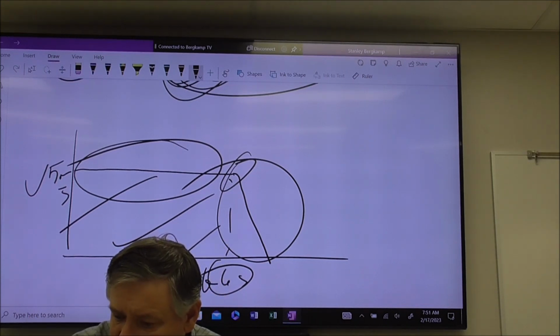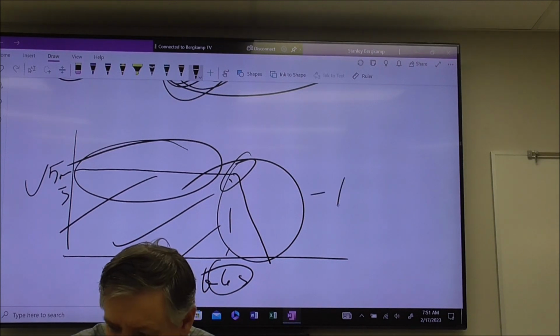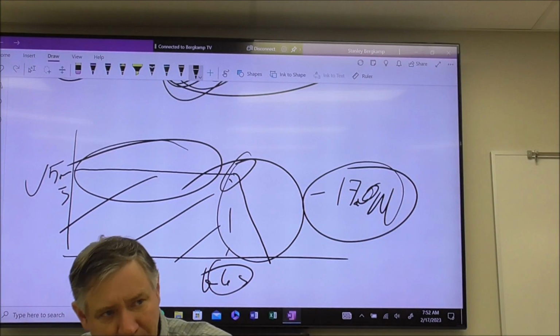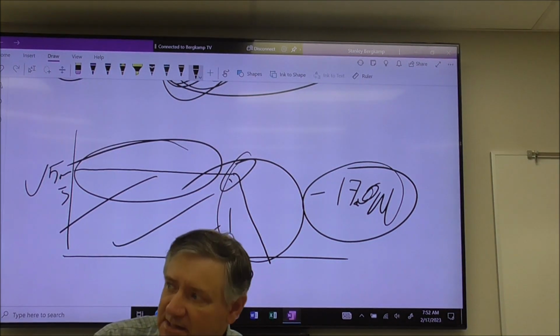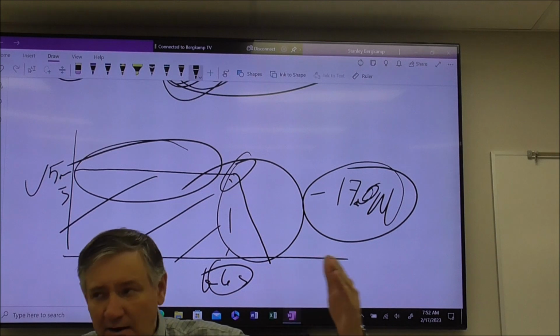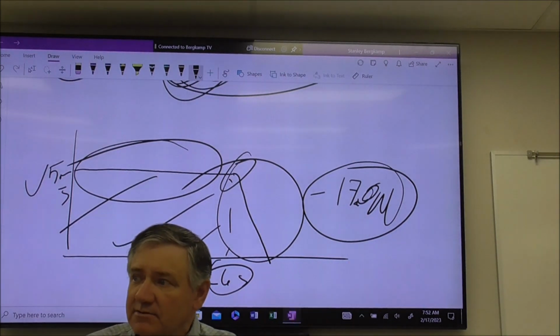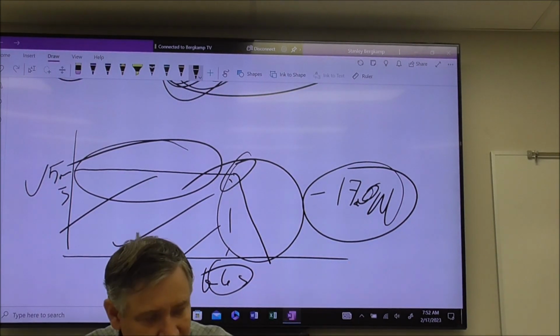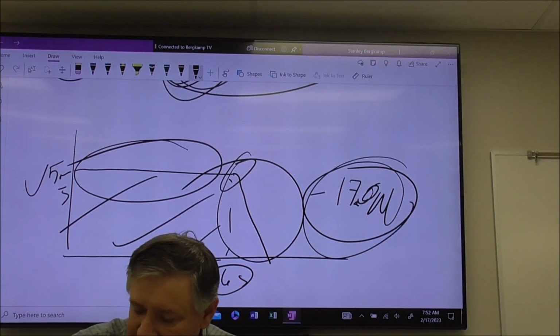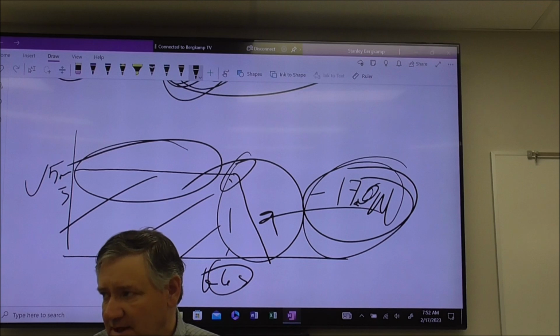So that unbalanced force on this part is going to be that negative 17.9 newtons, because that's the force that's unbalanced, and that's what's making it accelerate. Because the frictional force is not being balanced out. The frictional force now is going to make you stop. And the acceleration is going to be the slope of that line.